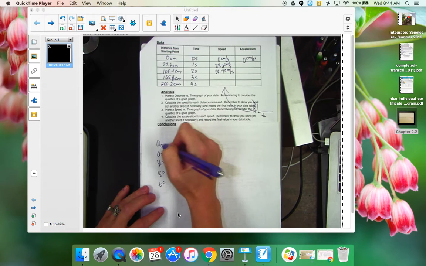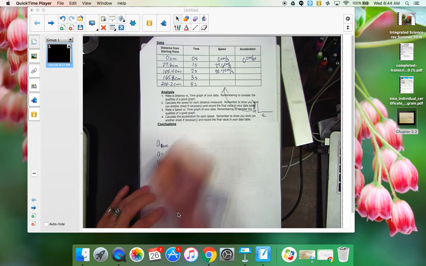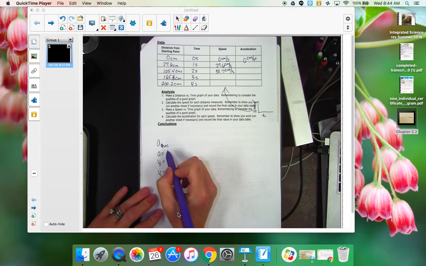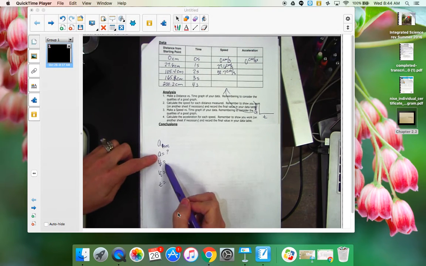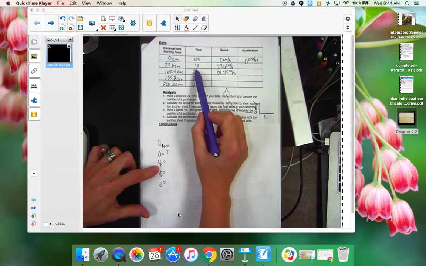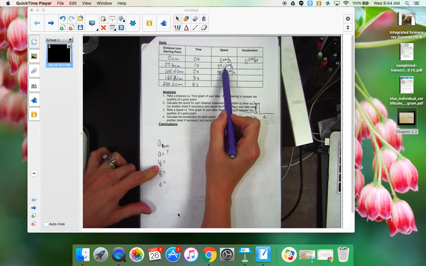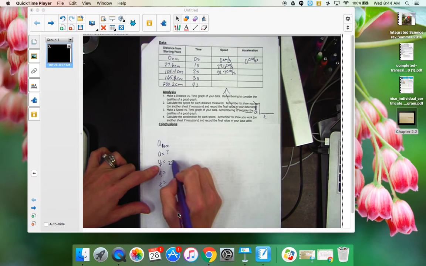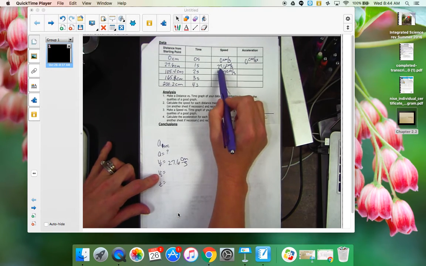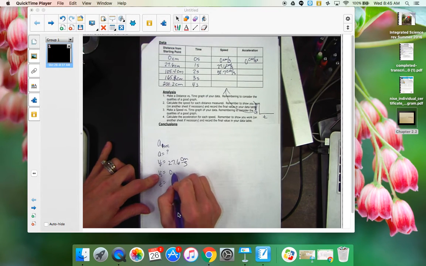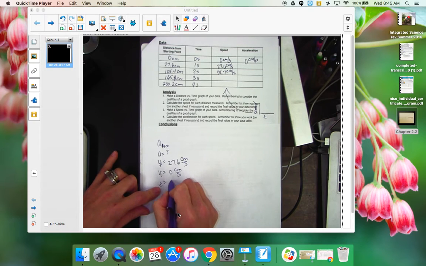So I'm going to go ahead and do 1, so it's more valuable for your time. Acceleration is what I'm trying to find out. At 1 second, what was my final velocity? Final velocity was 27.6. My initial velocity, what was it just before that? 0 seconds, or 0 centimeters per second. And the time it took for that change is 1 second.